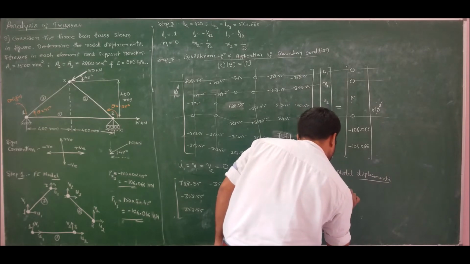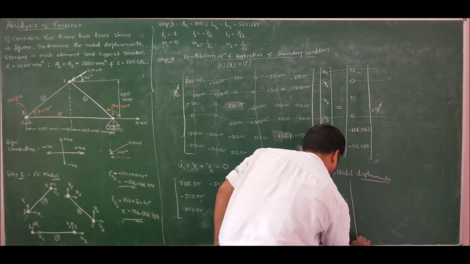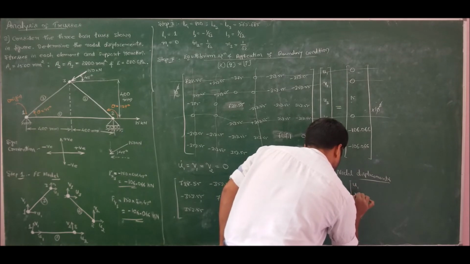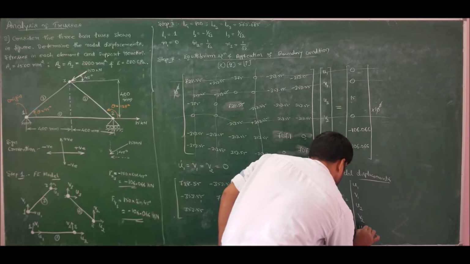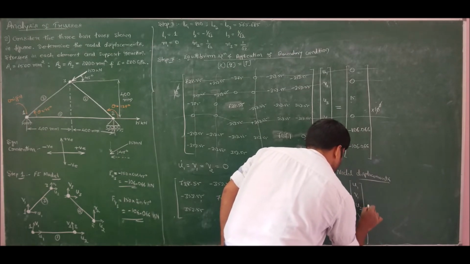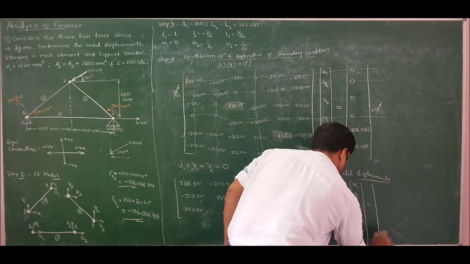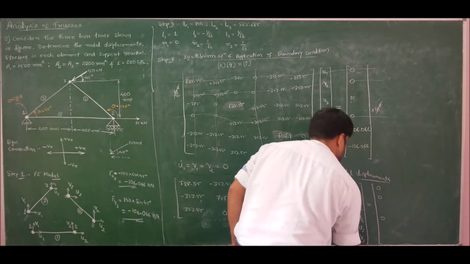The nodal displacements Q matrix is equal to U1, V1, U2, V2, U3, V3, which is equal to, U1 is 0, V1 is 0 and V2 is 0.